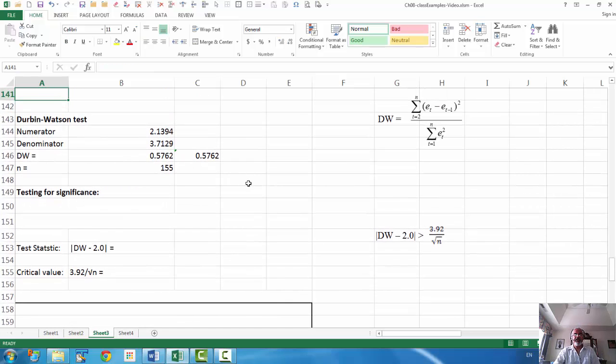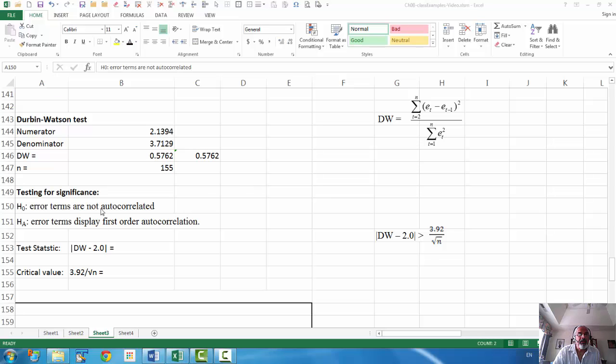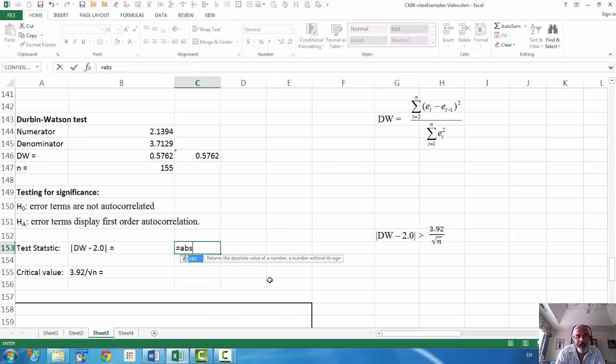Now testing for significance: the null hypothesis is that there is no serial autocorrelation, and the alternative is that there is correlation. The test statistic is the absolute value of DW minus 2.